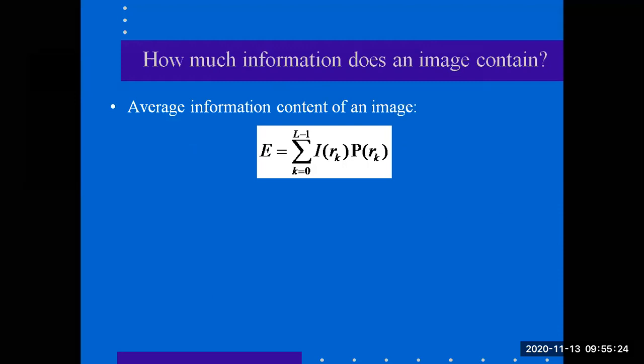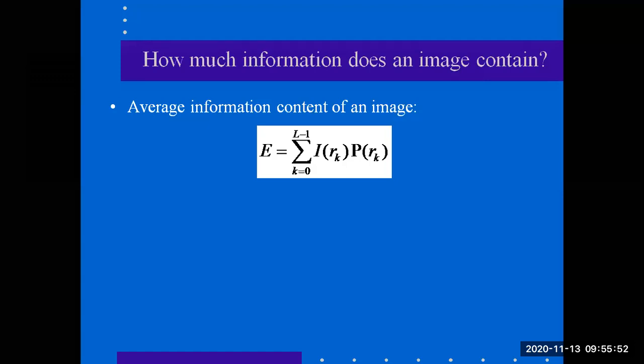But generalizedly I am saying that here capital E equals, that means it is represented with an average information, and which is equal to sigma k equal to 0 to L minus 1, and it is a product of information. That means the information contained in that particular intensity level, and the probability of that particular intensity level.